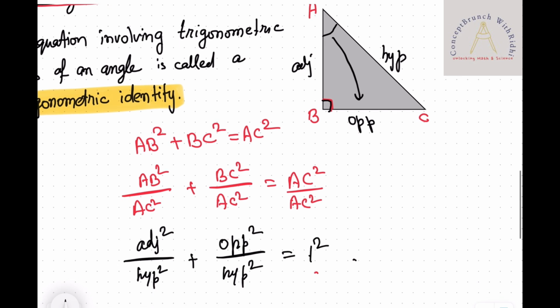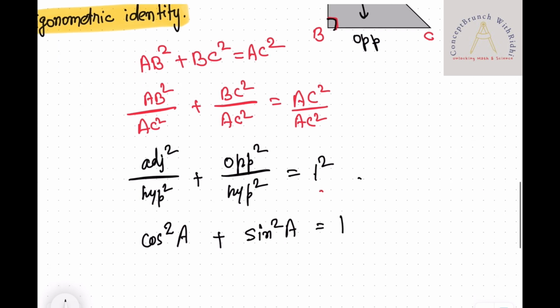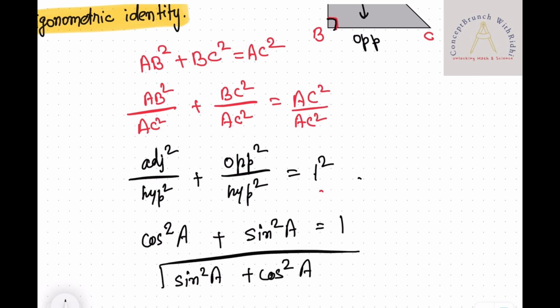Adjacent divided by hypotenuse we can write as cos A, so cos square A, plus this as sine square A, and 1 square is 1. So just write it in a correct way: sine square A plus cos square A equals 1. This is our first identity.